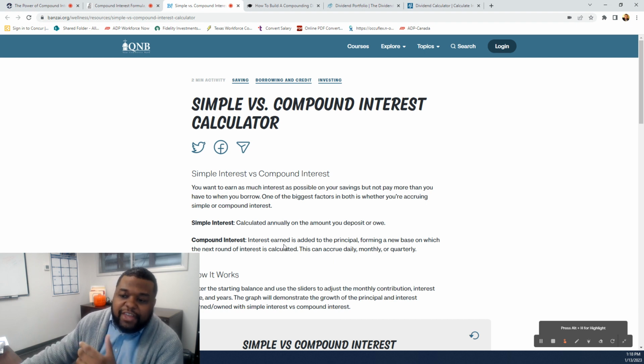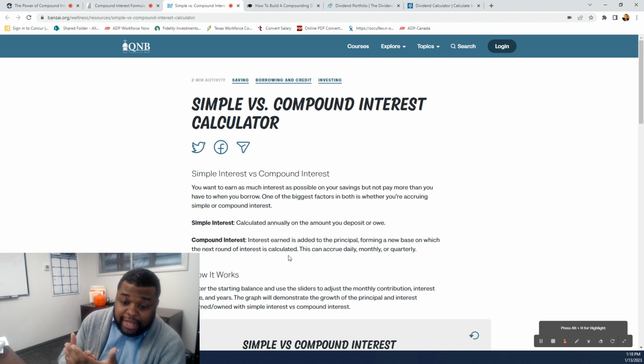But compound interest is interest added to the principal, forming a new base on which the next round of interest is calculated. So a good example is take that 10,000 times 5%, and that's $500, right? That $500 is added to the 10,000 at the end of the year. So then your new base is 10,500.